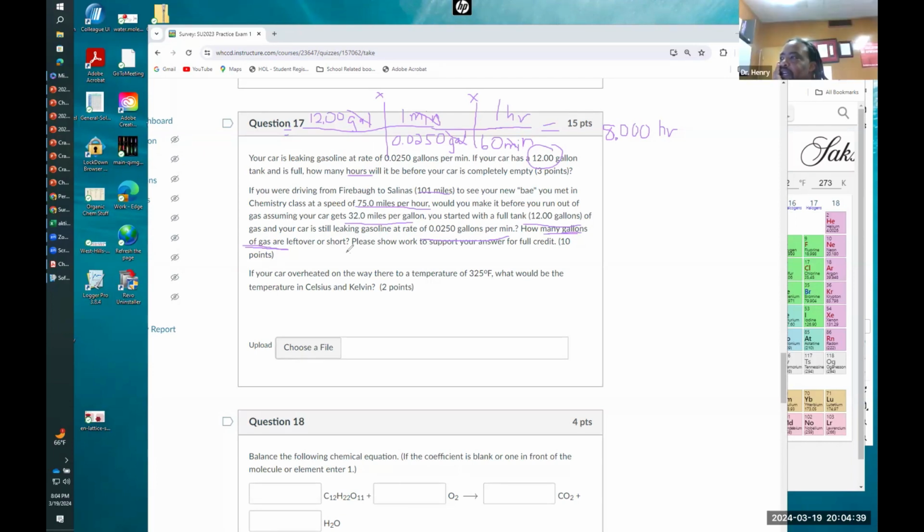So we want our starting gallons, then we subtract the gallons consumed by traveling, and then we also subtract our leak gallons. So that's how we're going to get to how much is left over or short.